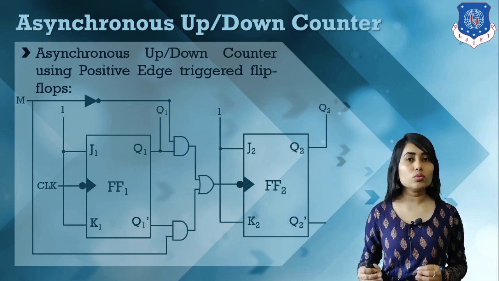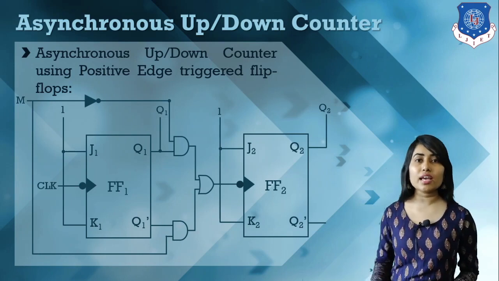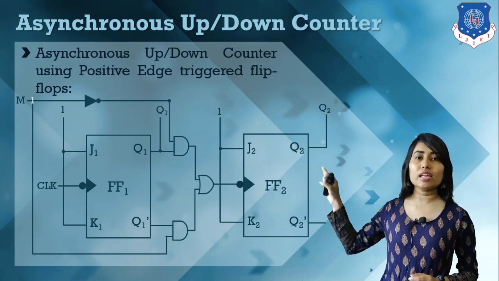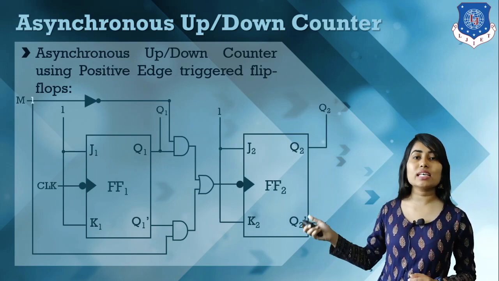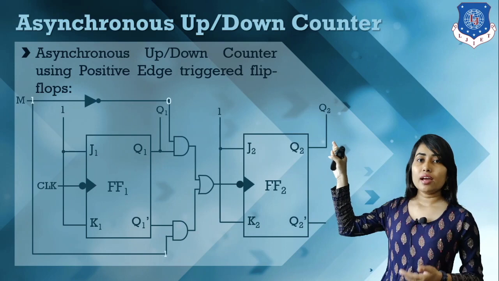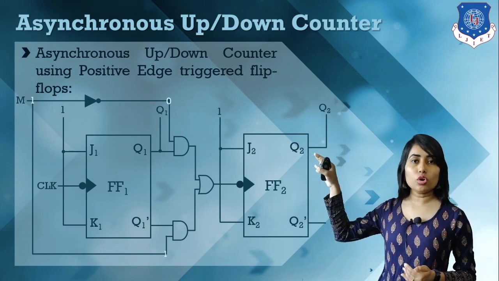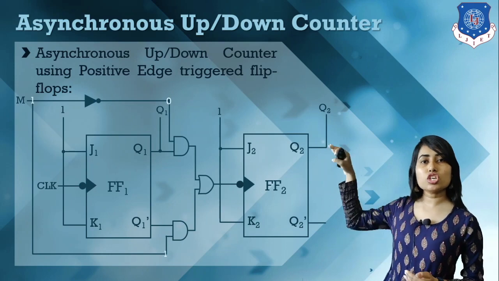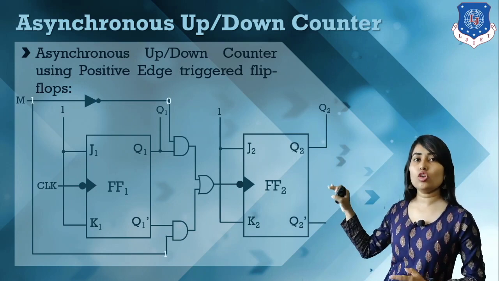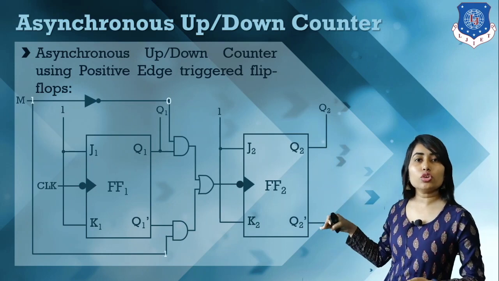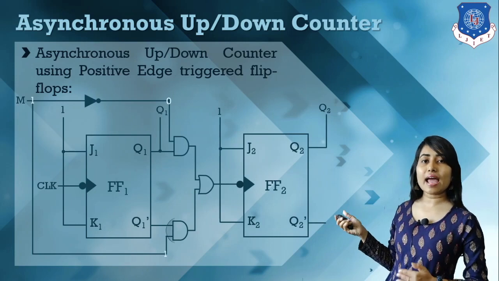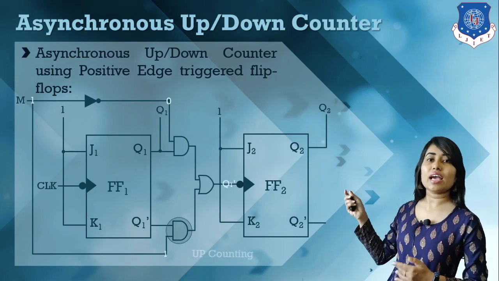Now how will it work? Whenever M is 1, the first AND gate output will be 0, because we have 0 into Q1, which is 0, and this 1 into Q1 dash passes, so this AND gate will work and we have Q1 dash.